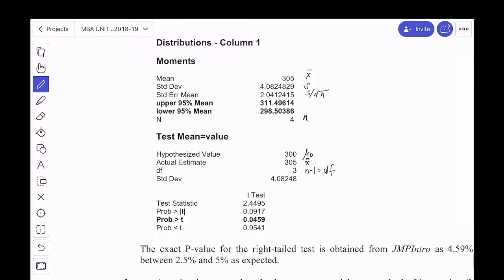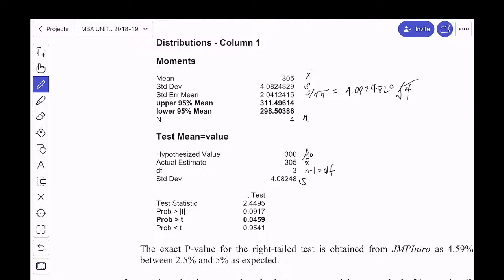And the standard deviation is still S, so don't get thrown off. So that's S. So you can verify what I mean. This is S over root N. This is 4.0824829 divided by, to prove it, no, not 4. N is 4, yeah. Square root of 4. So that's what you've been given here.